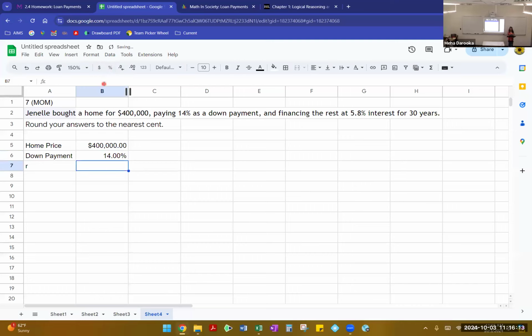Financing at 5.8%, 30 years, of course, and rate time. And again, since we're talking about a mortgage, by default, we know it's going to be monthly payments, right?